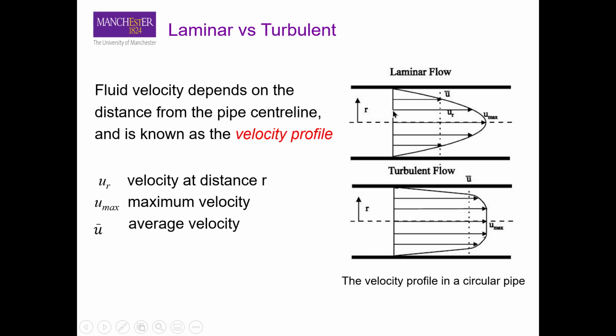These velocity profiles are really important because they help us understand how much flow rate you are going to get in a pipeline, and also the effect of, for example, viscosity on the pressure drop. We will see all this in the next two parts of this lecture.